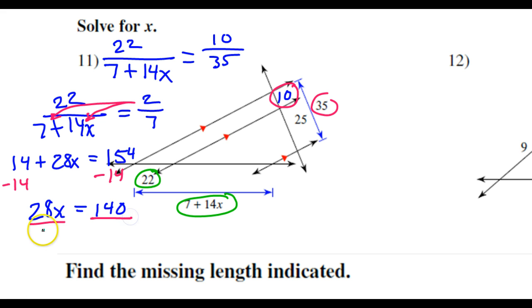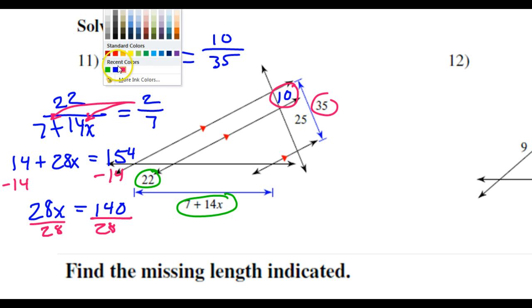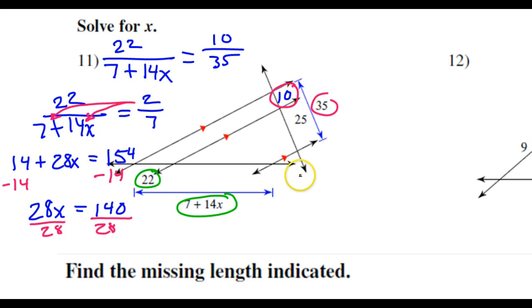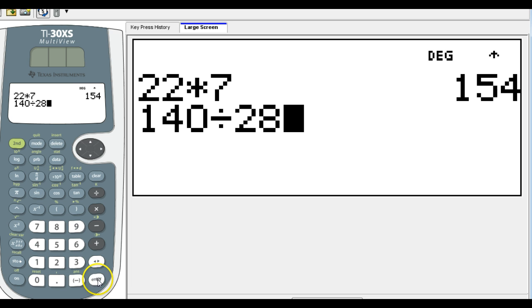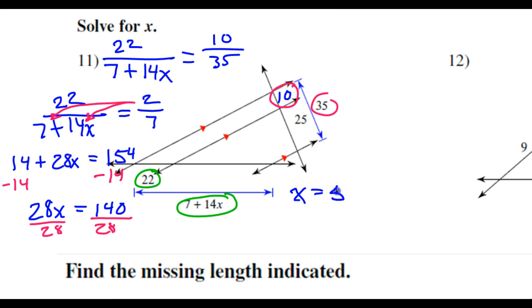Then we divide both sides by 28. And that's going to give us x equals 140 divided by 28, which is 5. So that's number 11.